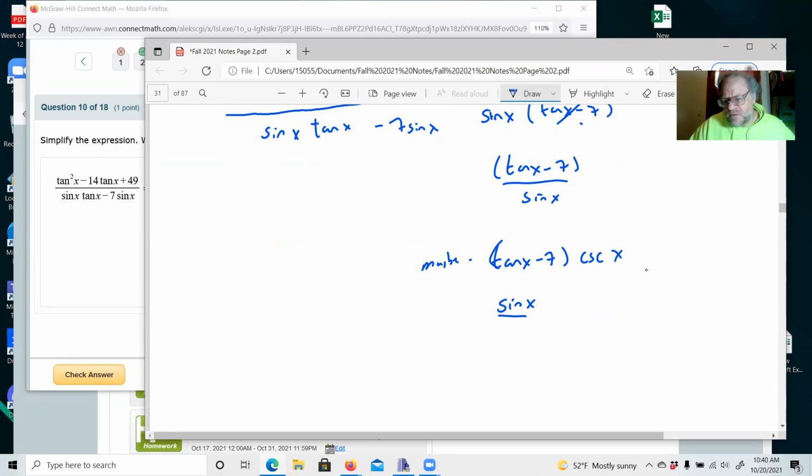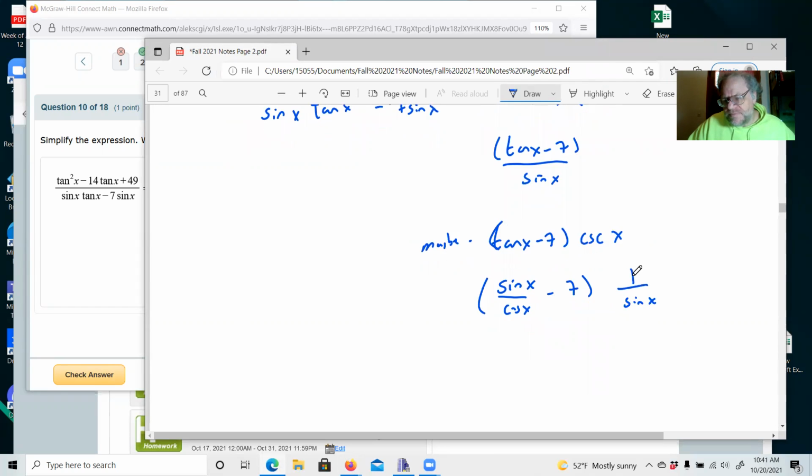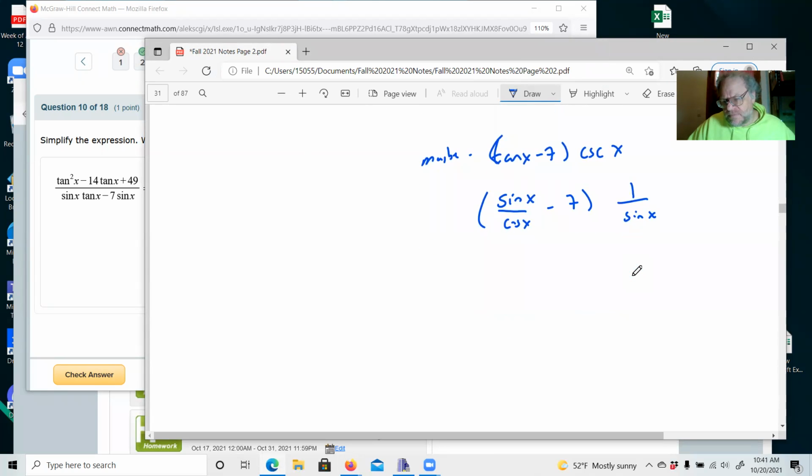sine x over cosine x minus 7 times 1 over sine x, right? I'm not liking this either. That maybe is looking stronger.